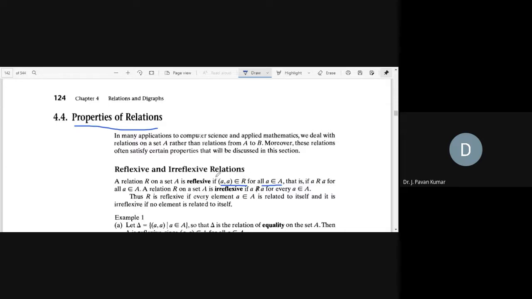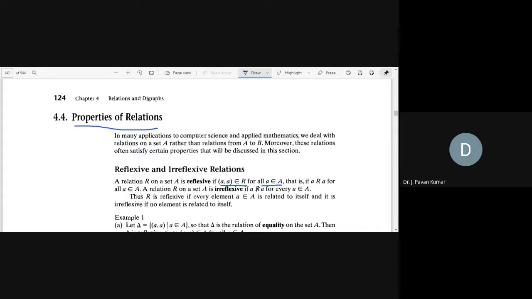Next, try to understand with the same example. A is equal to 1 2 3 4, but out of the four tuples 1 1, 2 2, 3 3, 4 4, we are having only three. Can we consider it as reflexive? No. Can we consider it as irreflexive?